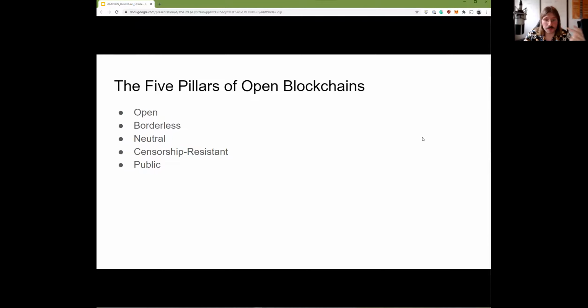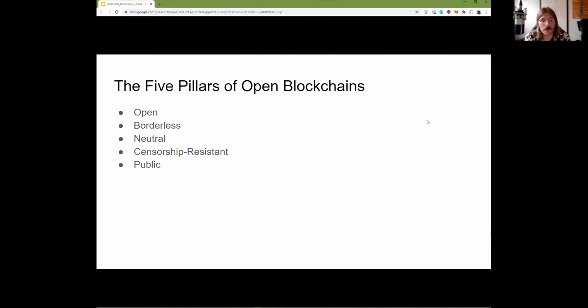So with blockchains, there are basically two kinds of camps of people. One is the very extreme camp who say, okay, blockchains are only really blockchain systems and open blockchains, open networks, if they apply to these 5 pillars.